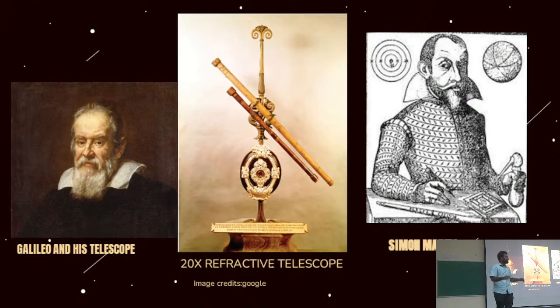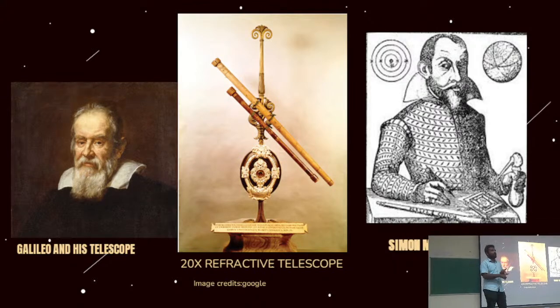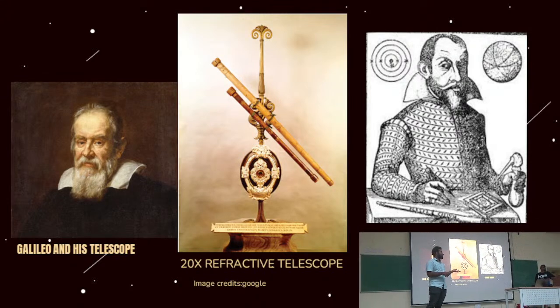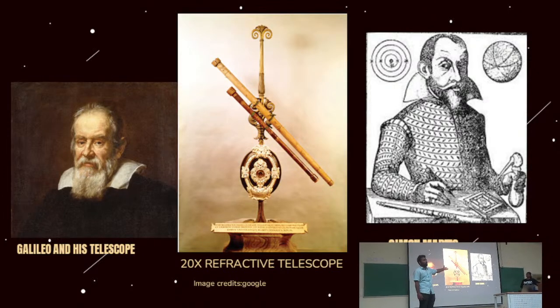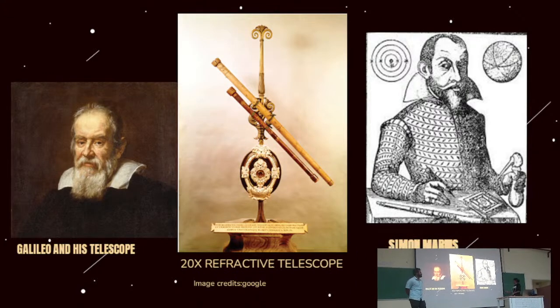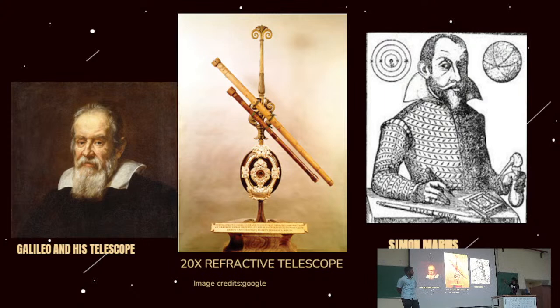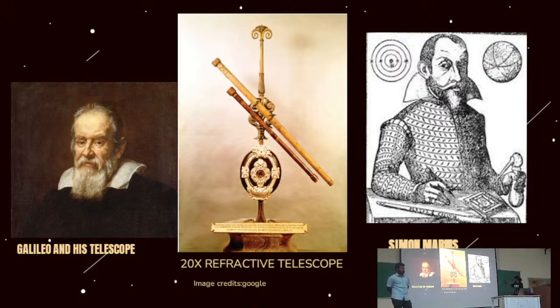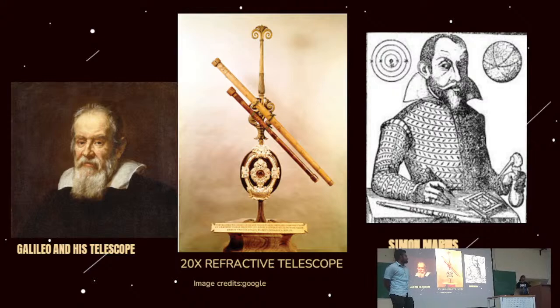Around the same time, he also found the same Jupiter moons, and the names which we follow today, Io, Europa, Callisto, and Ganymede, were actually given by Simon Marius. This is the general convention of naming moons of a given planet.